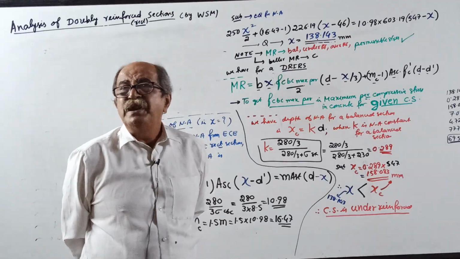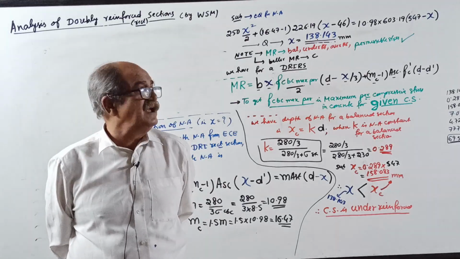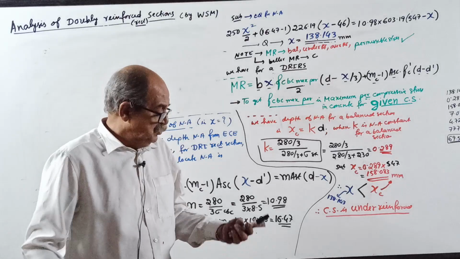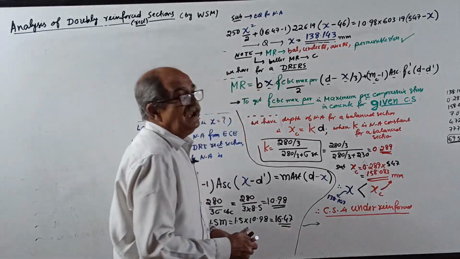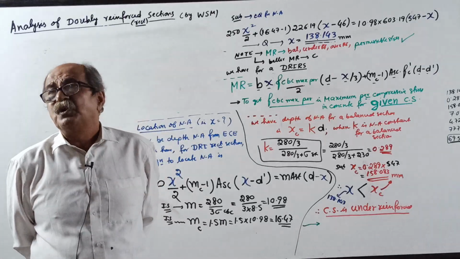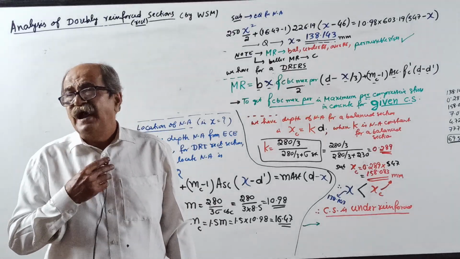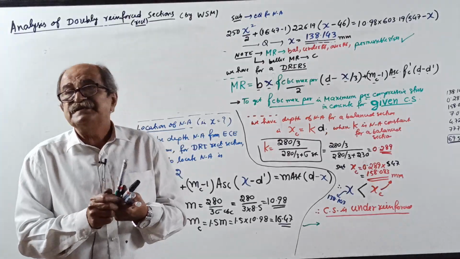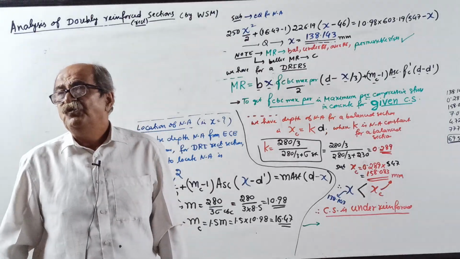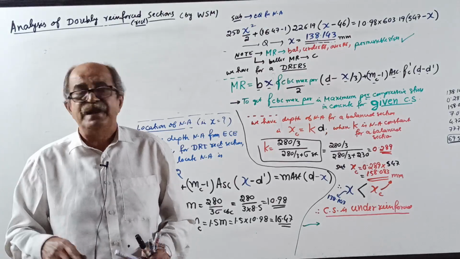I told so many times, under reinforced section means you should write, those who want, write here, all the statement. Under reinforced means area of steel provided is less than that for balanced section. So as you increase the bending, stress in tension steel will first reach the permissible limit.